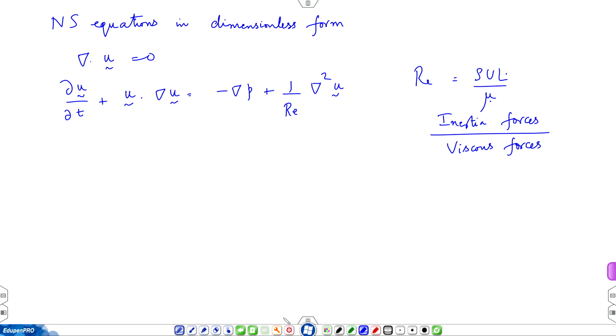So, length scale can vary a lot. Velocities can also vary substantially. For small dust particles moving in water, the velocity could be 0.1 or 0.3 meter per second. But if you have a gust of wind, that velocity could be 20 meters per second, 40 meters per second.